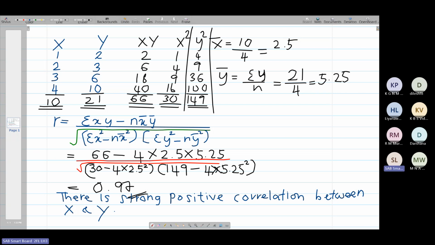If you know the variable names, you need to write them. Do not write the word relationship alone; use the word correlation or linear relationship. Both are okay. There is a strong positive linear relationship between x and y. Now clear? Calculate the R and write the interpretation.